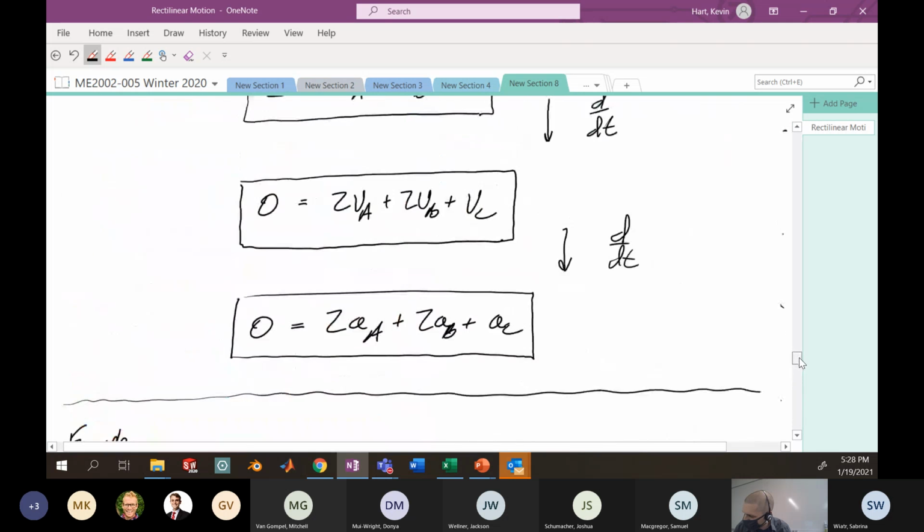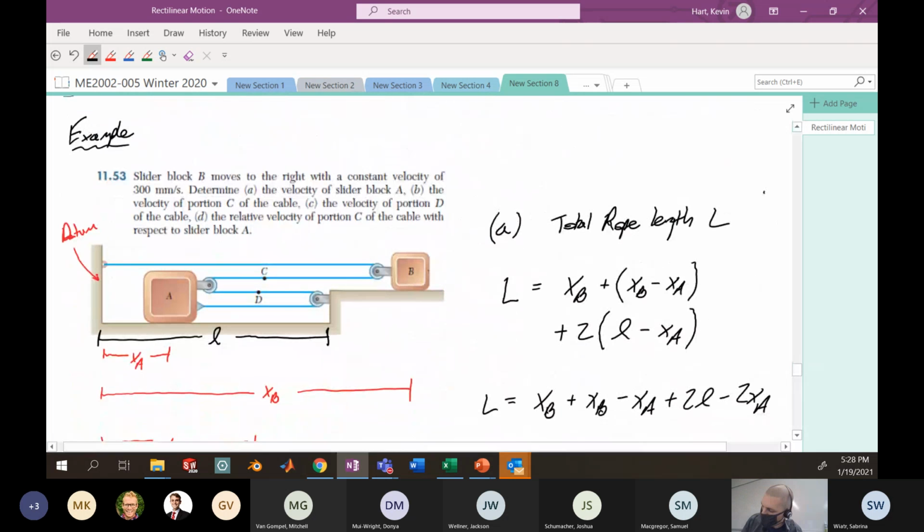All right, last little bit here, leveraging our relative velocity expressions. Here I want the relative velocity of C with respect to the slider block at A. So what this is asking me here is, what is the velocity of C relative to A? So if I'm standing on point C and I'm moving with C, what velocity does A look like it has in my retrospect?